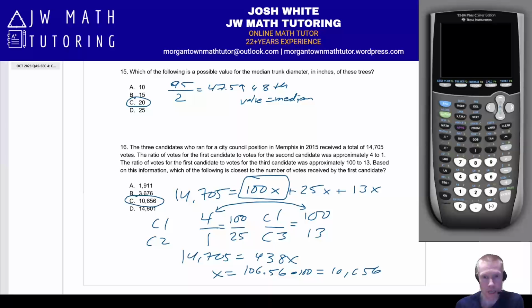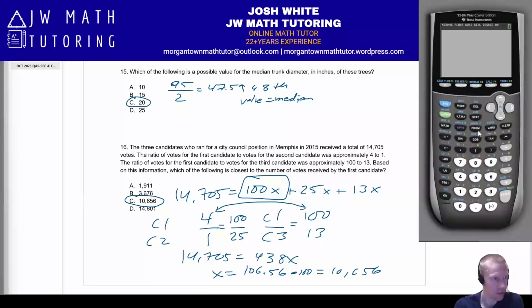Now, if you wanted to, you could also back solve this. I'm not going to go through all the answer choices, but I will show you how you could confirm that answer choice C is correct. So basically you would take answer choice C, the 10,656. It's the number of votes for candidate 1.